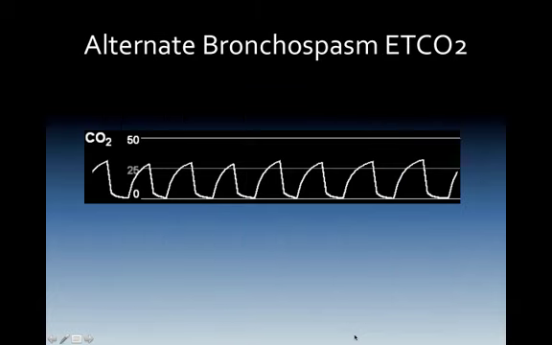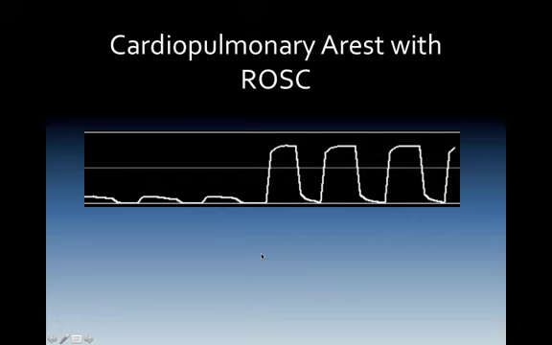Bronchospasm, and this is one we mostly see, which is a shark fin presentation. This is from the alveoli not being recruited enough and trapping of air. This is what we might see in a cardiac arrest with a return of spontaneous circulation. All of a sudden we had low end-tidal CO2 levels, and then bam, we're off the chart.